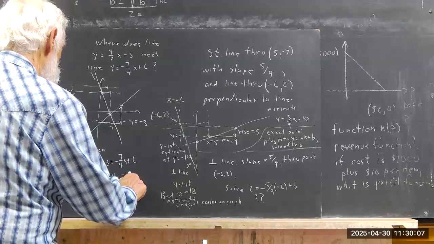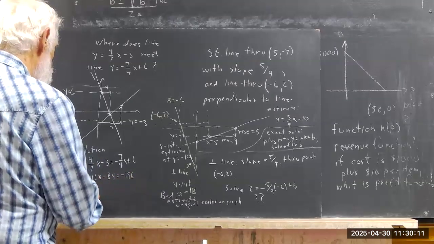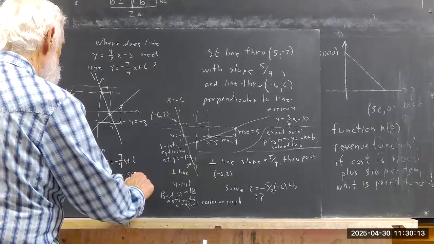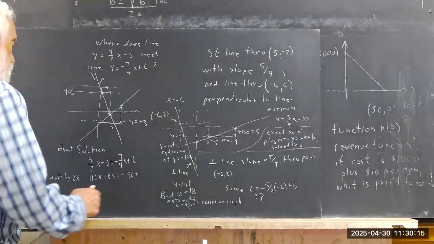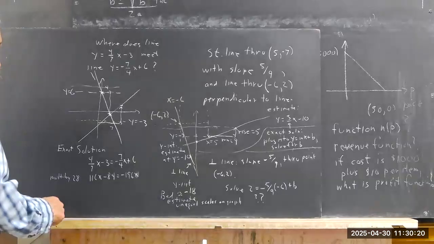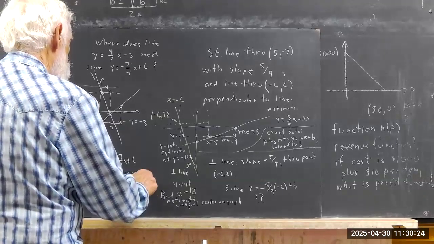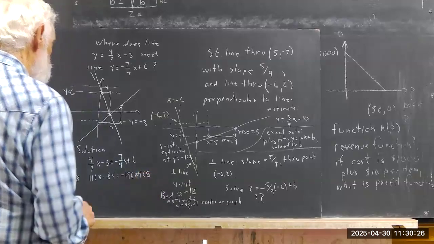And 28 times 6, if I'm doing my arithmetic right. And that's times x. And then 6 times 28 is 140, 100 plus 168.